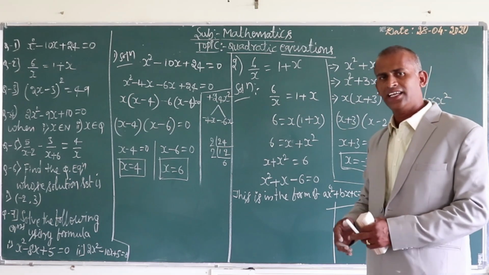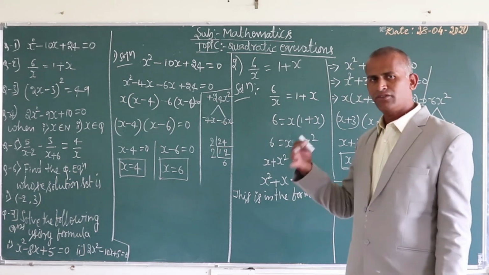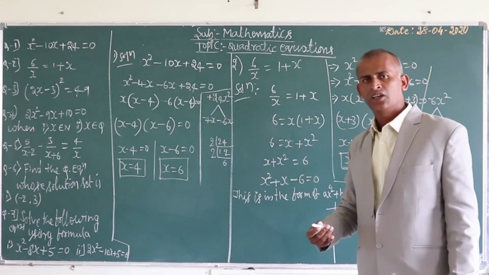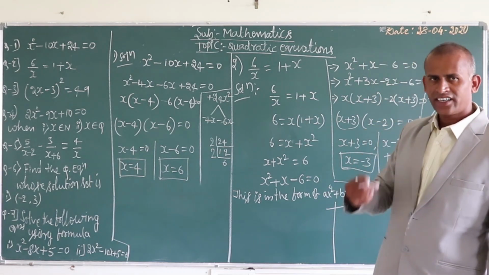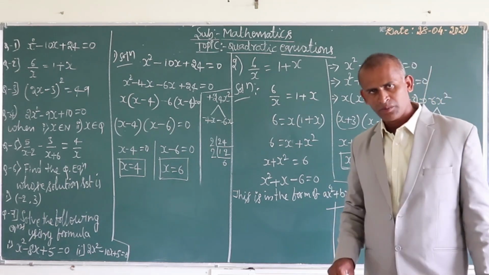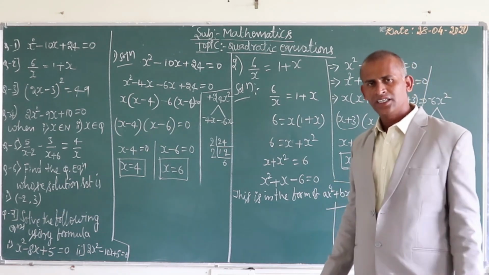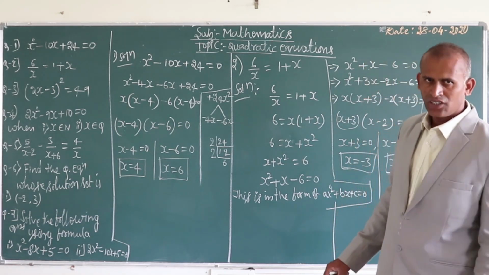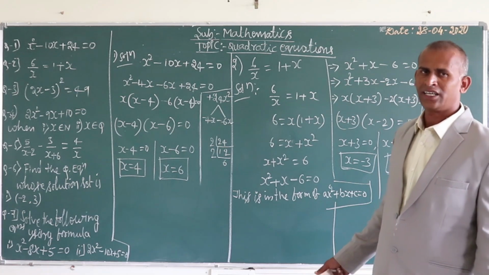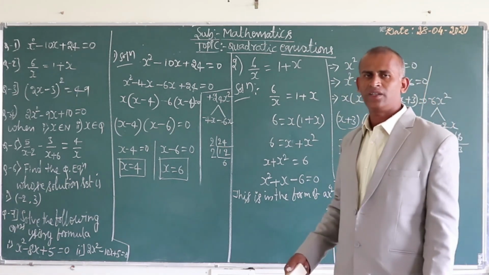Yesterday I said very clearly, any quadratic equation we can solve by 4 different methods: one is the factorization method, second is the formula method, third is the completing the square method, fourth is the graphical method.